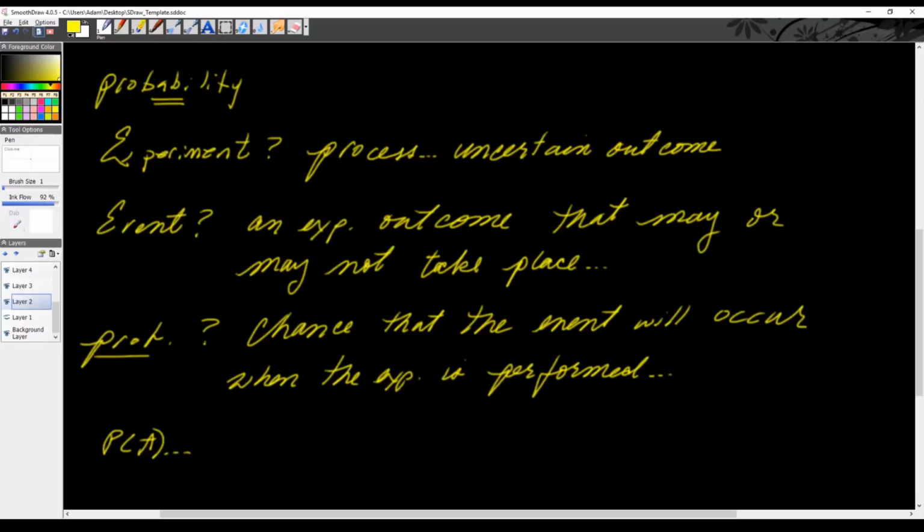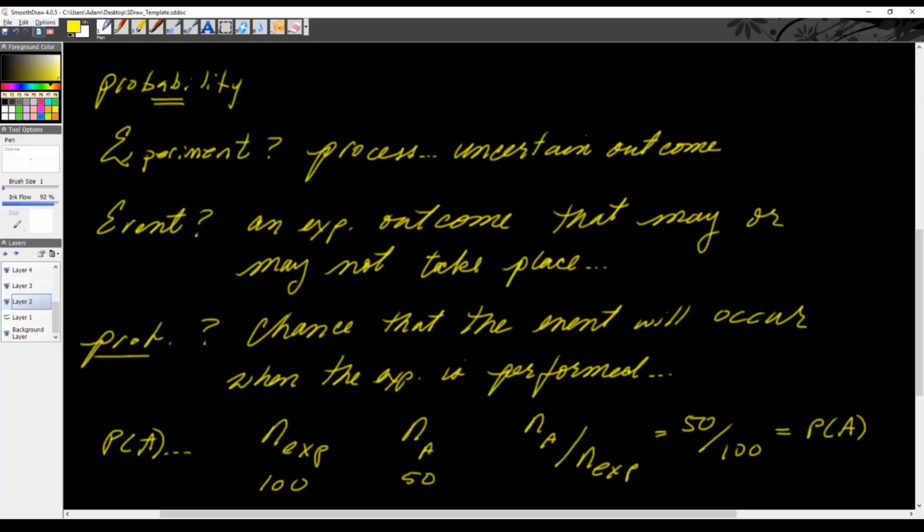If the experiment is performed, say, N_exp times, and the event A occurs N_A times, so we might perform the experiment of flipping a coin 100 times, and let's say the event of heads occurs 50 times, then N_A divided by the number of times that we perform the experiment is equal to the probability of heads. In this case, it would be 0.50 or 50%.